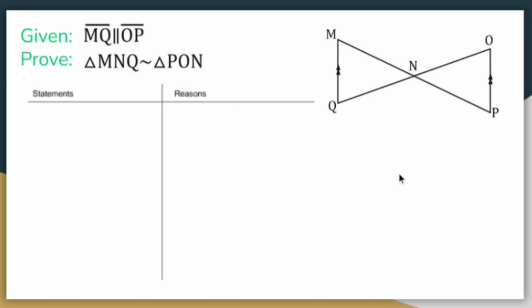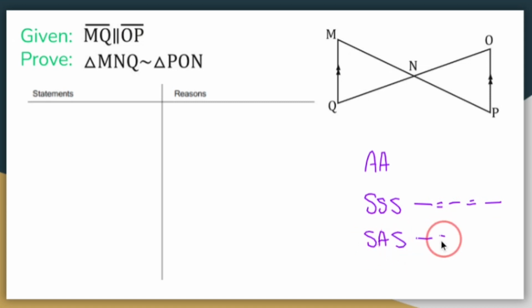Not so many with similarity. We only have 3 that we need to worry about. Showing 2 angles are congruent, or we could show that the sides are proportional, which means you have 3 fractions equaling each other, or you can show that 2 sides are proportional and 2 angles are equal.